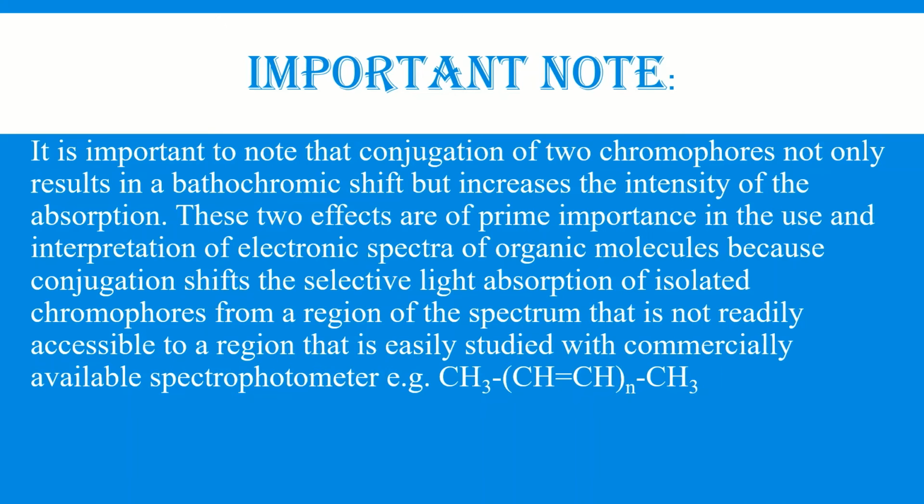It's important to note that conjugation of two chromophores not only results in a bathochromic shift but also increases the intensity of absorption. These two effects are of prime importance in the use and interpretation of electronic spectra of organic molecules because conjugation shifts the selective light absorption of isolated chromophores from a region of the spectrum that is not readily accessible to a region that is easily studied with a commercially available spectrophotometer.